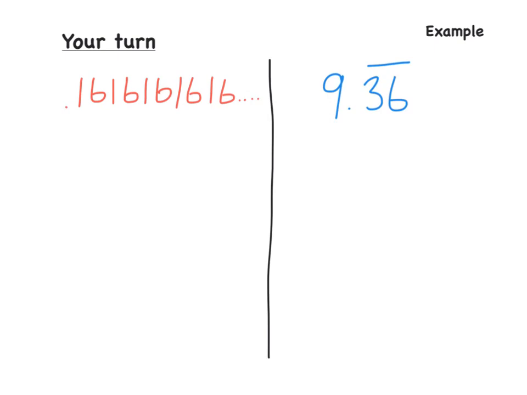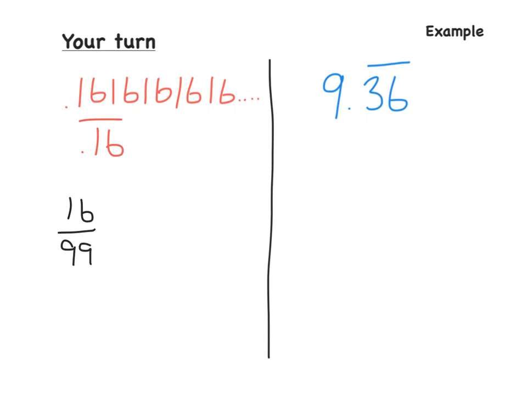So, if we look at the first one, we have 0.161616161616. What's the one thing that's repeating? The 16. This could be easily rewritten as 0.16 repeating. So instead of writing 16 over 100, we could write 16 over 99.